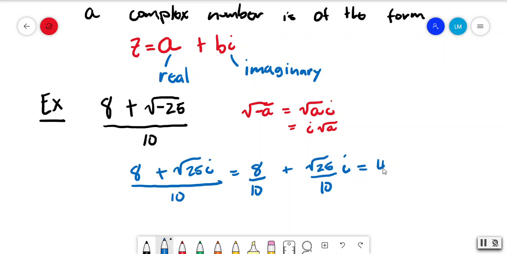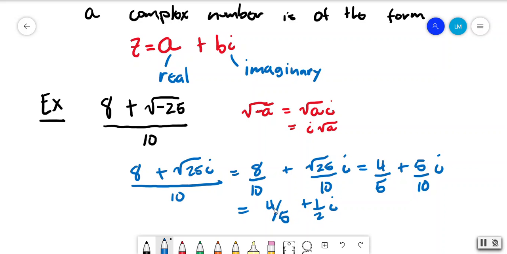So that's going to be 4 over 5 plus 5 over 10, times i. Furthermore, that's going to be 4/5 plus 1/2 i. So this is the complex number that we ended up with when we simplified it.